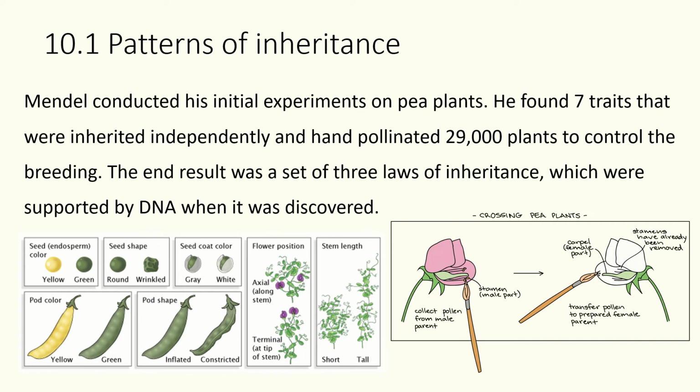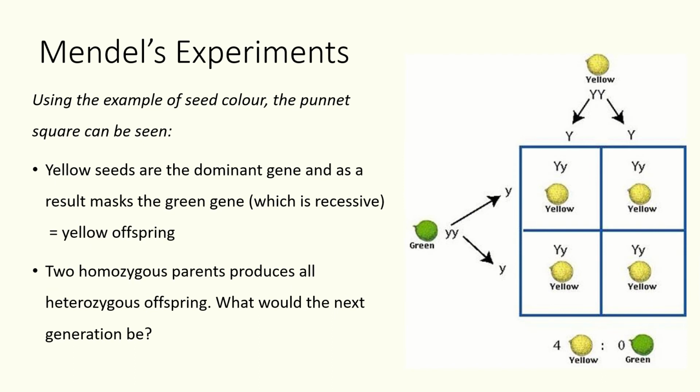And the way that he tracked the inheritance of these particular traits, or one way that we can see how he tracked it, is through the use of Punnett squares, which you can see here. So if we use the example of seed color, you can see that a yellow individual has 2 uppercase Y alleles. Its genotype is big Y, big Y. Its phenotype is that it's yellow.